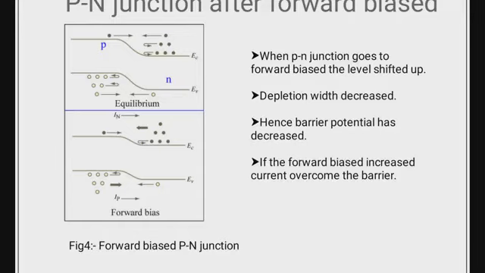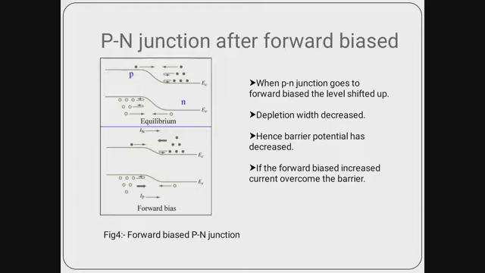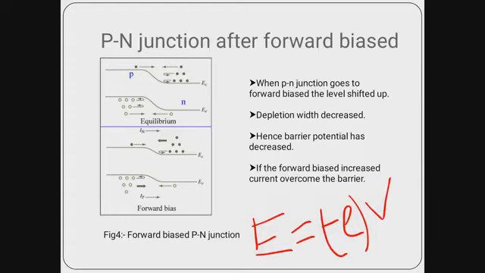Why? Because, as I told you in the earlier slide, the potential energy E is equal to minus E into V: the charge of the electron, a negative particle, times V, the applied potential across the terminals. Now, due to the forward bias, the P terminal is positive and the N terminal is negative.